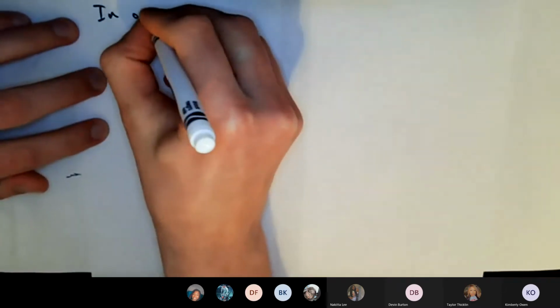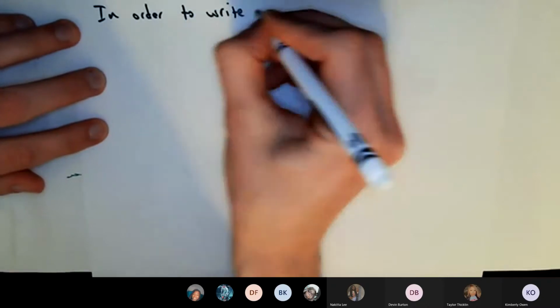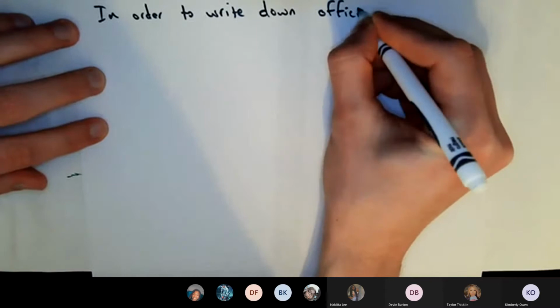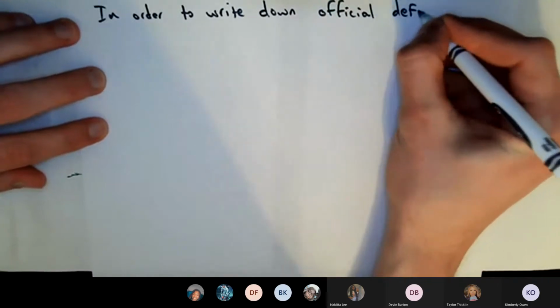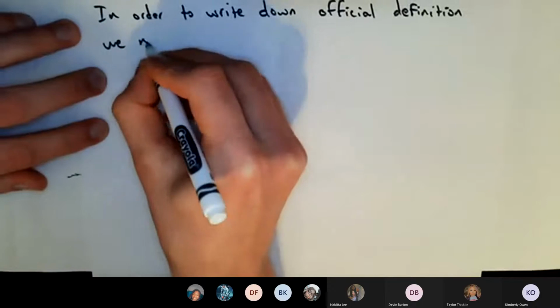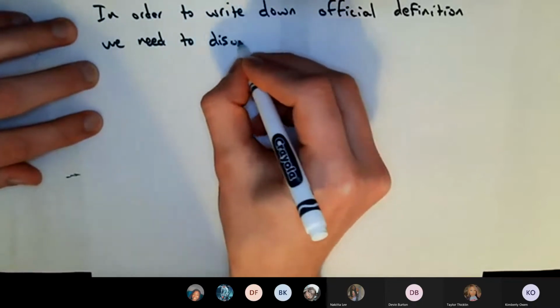Now let's talk about this official definition. But first, in order to write down the official definition, we need to discuss notation.